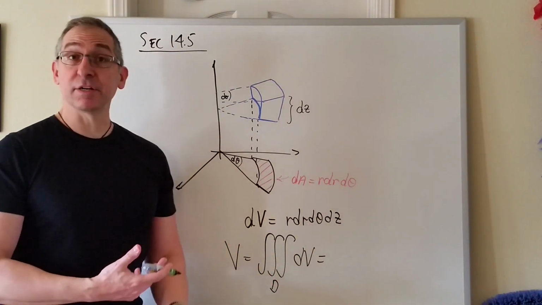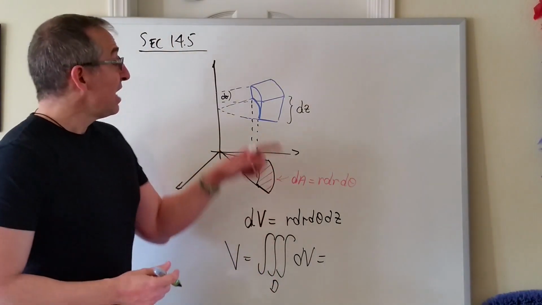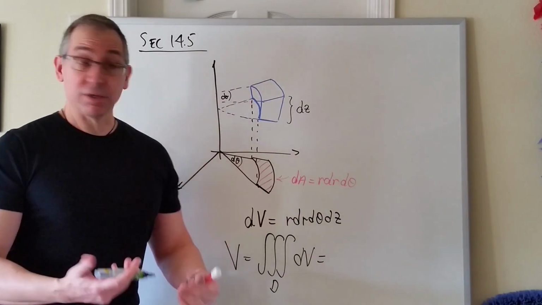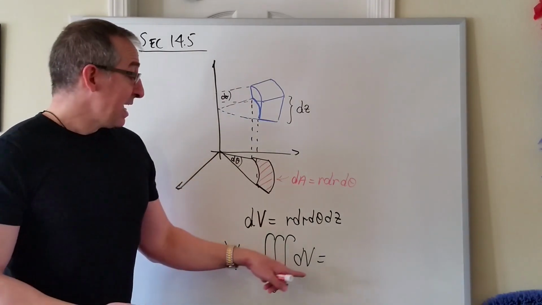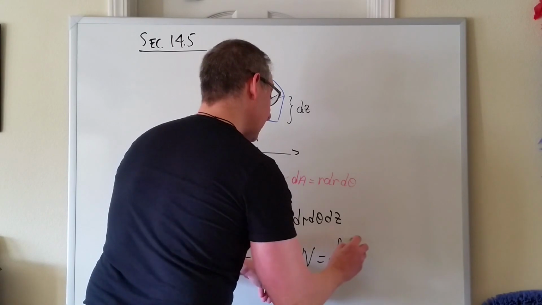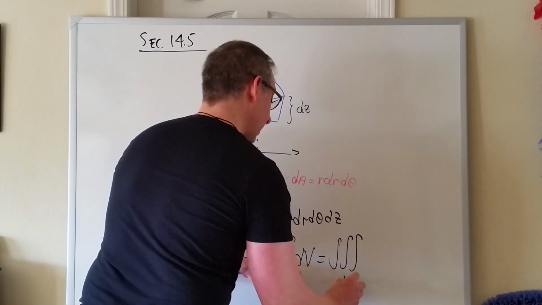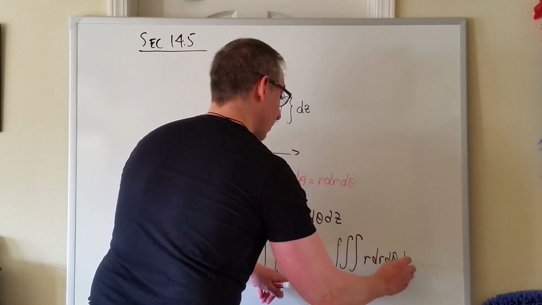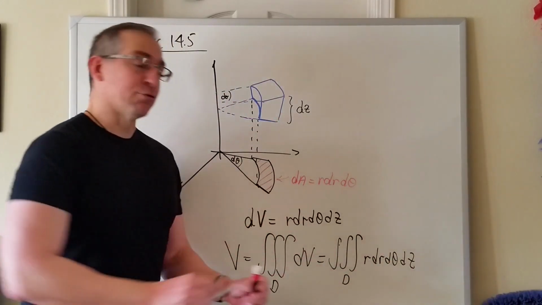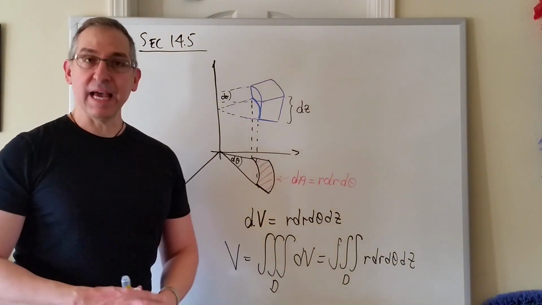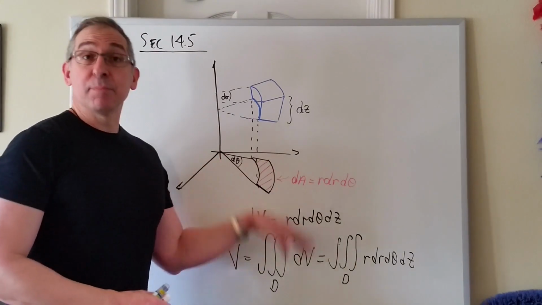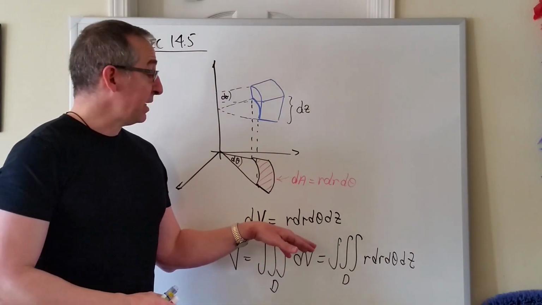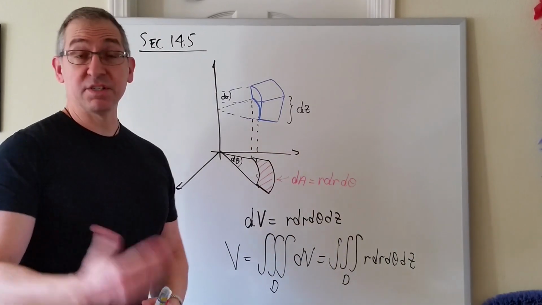It's a regular triple integral because it's three-dimensional now, and we're using three different differentials, so I need a triple integral for that. Our integral would wind up looking like this. Now we'll see some examples of this in a couple of minutes, and then after this we'll do the spherical coordinates.